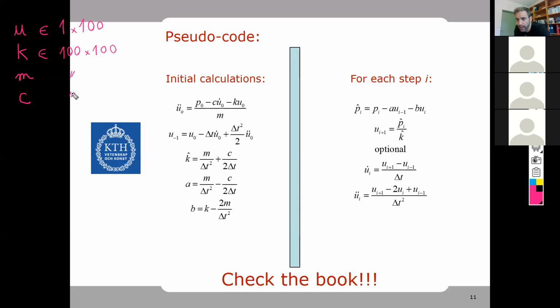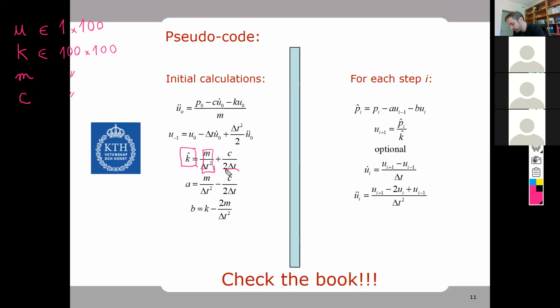okay? And as we can see here, this value here is also going to be a matrix, because M is a matrix, so this expression is a matrix.